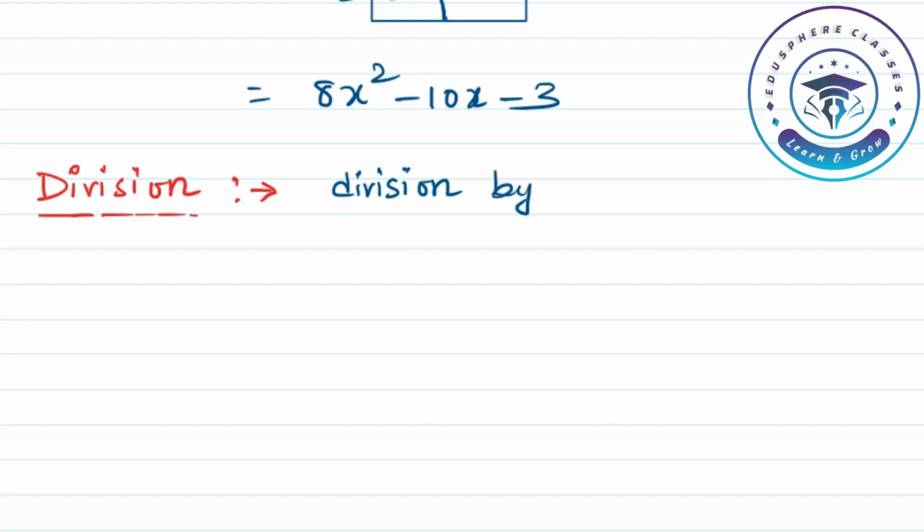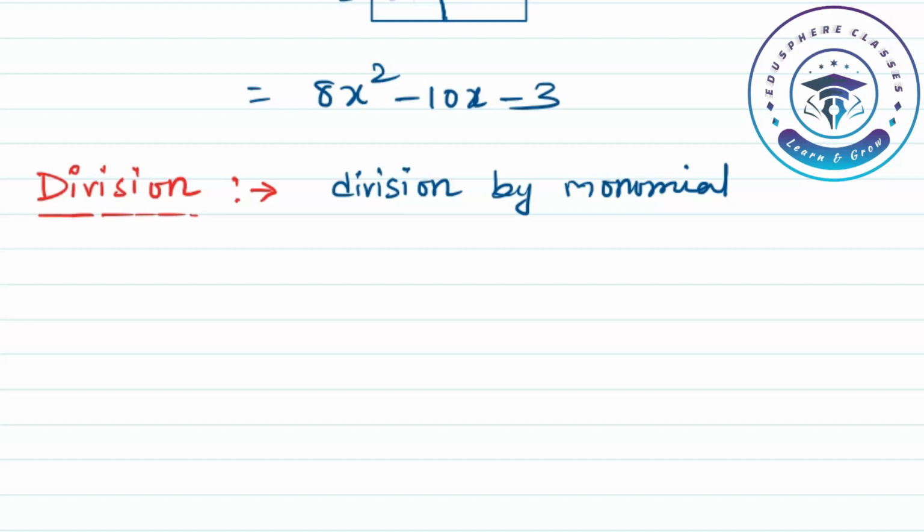But if we talk in a broad view, then we have to know two types of division: synthetic division and the long division method. But we will do that in a separate video where we will learn only division of polynomials. Here, according to the SAT syllabus, we don't need to study that much.